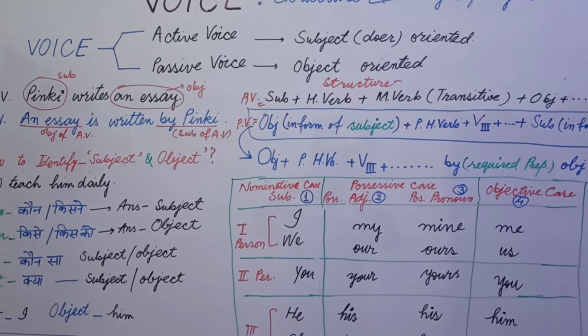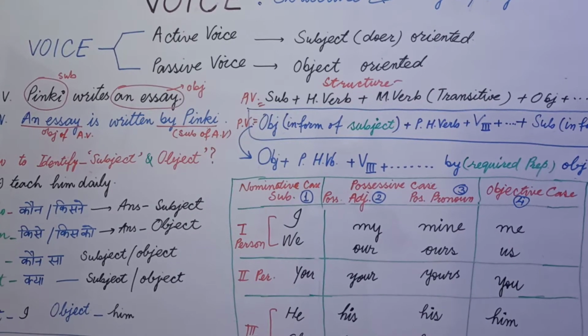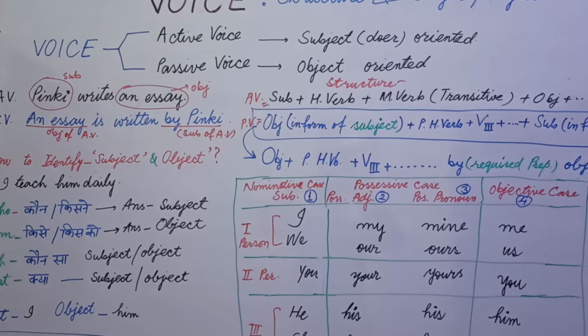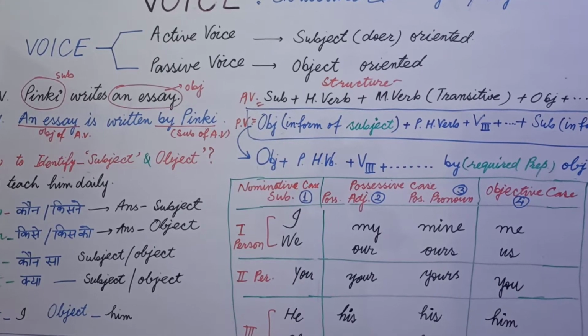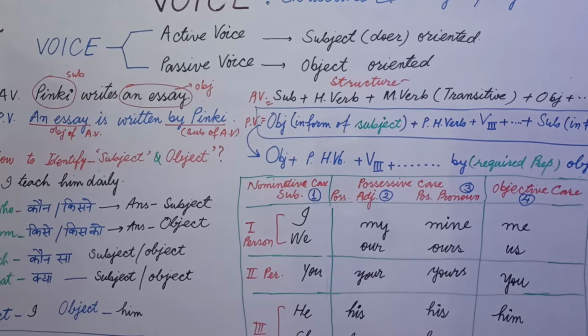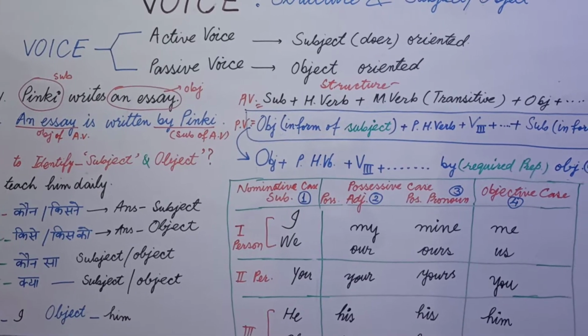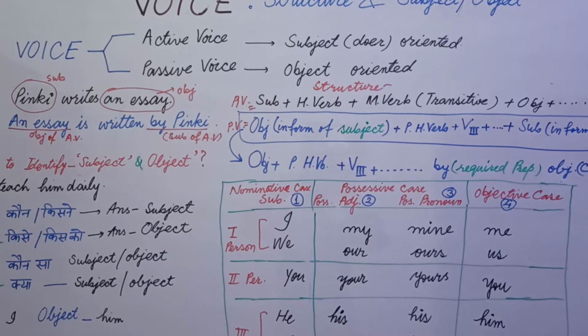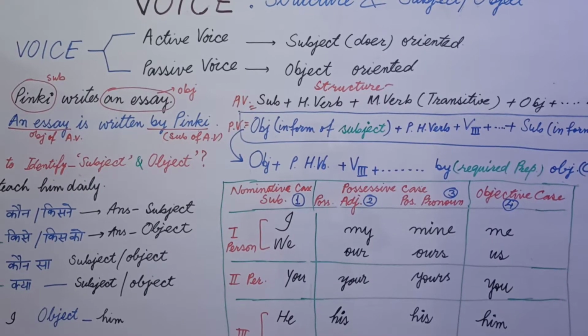In other words, in an active voice sentence, we begin with the doer that does the action, and in passive voice we begin our sentence with the object. The person who does that action is mentioned at the end, or it is omitted.